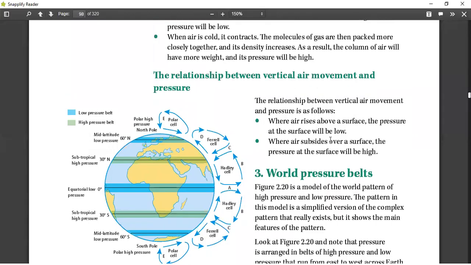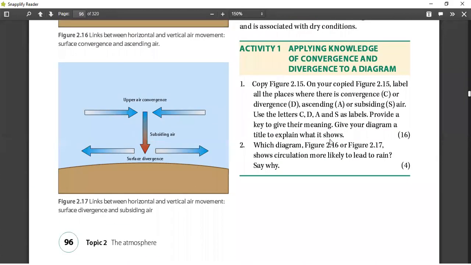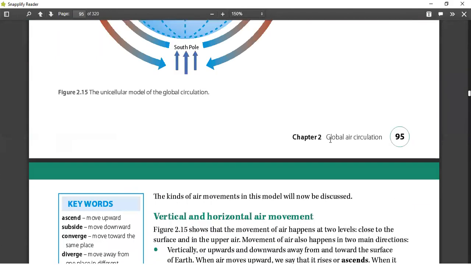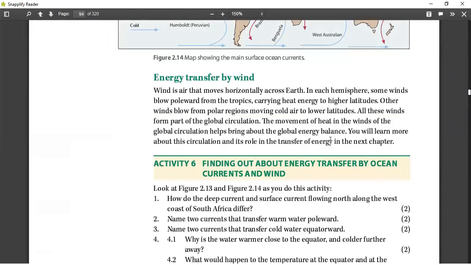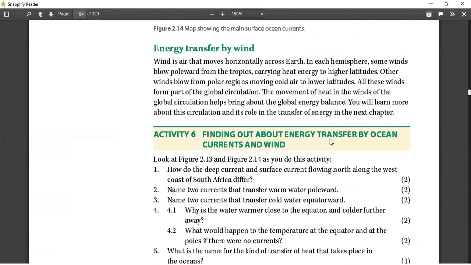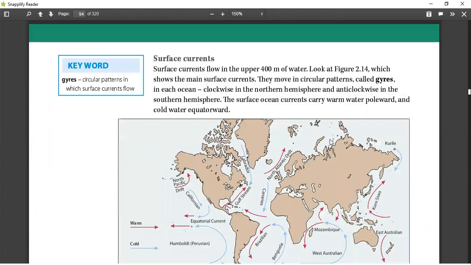Let's see. So, seeing that we started at lesson 3, your first activity will be activity 6. Let me see if it's correct.